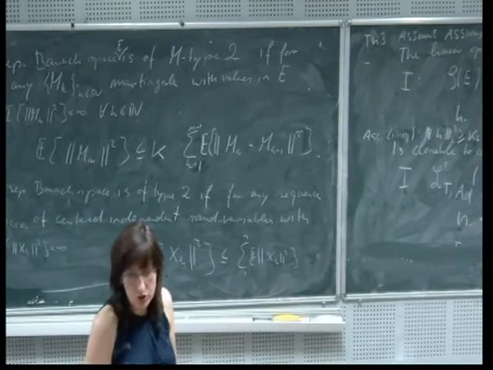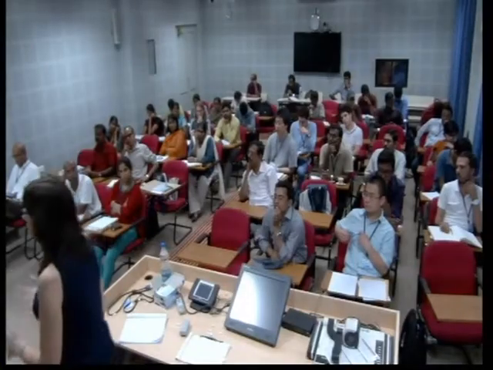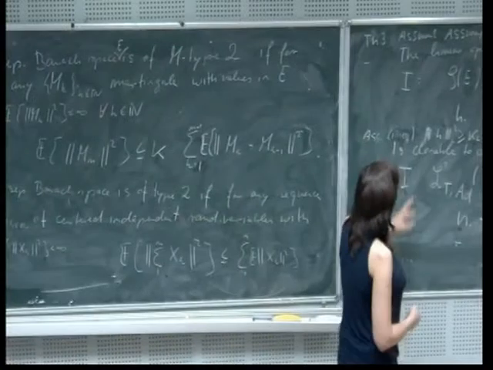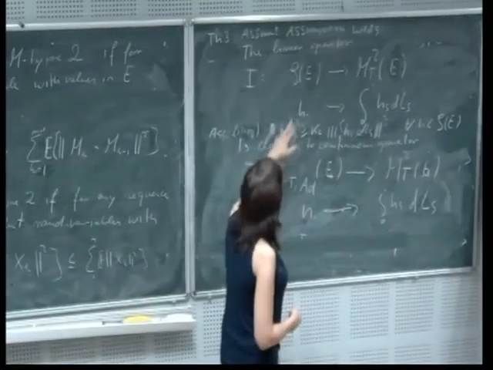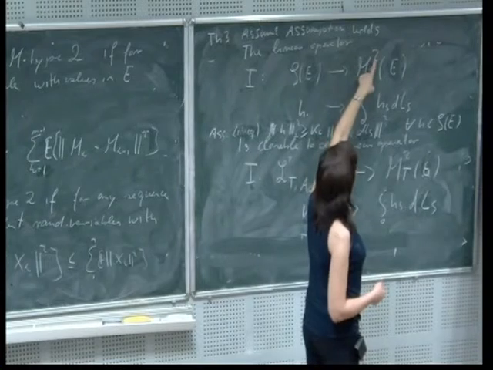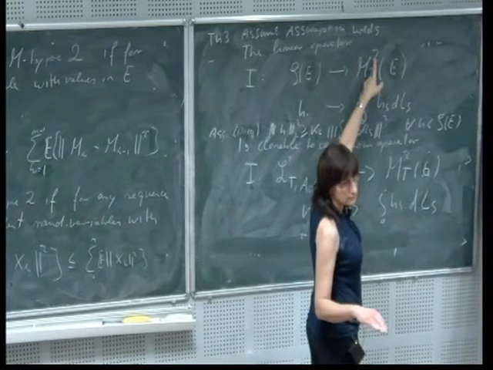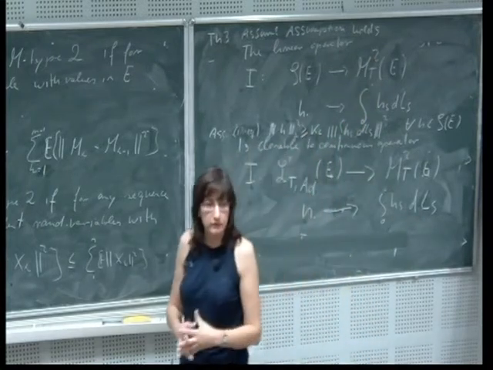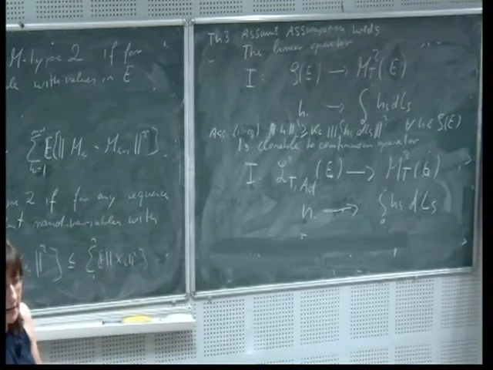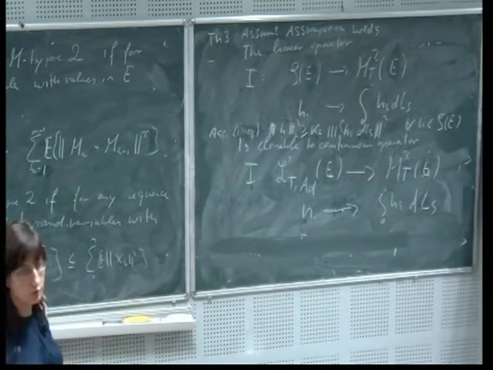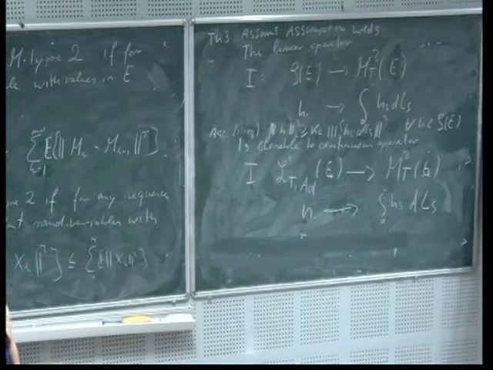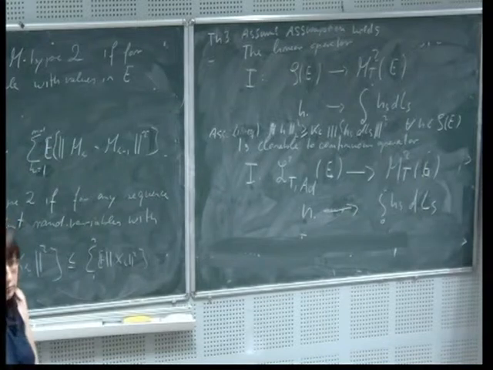Because if you have a pure jump Levy process, in fact, we could forget the whole theory we usually do, because instead of M type 2, we can take M type 1 and L1 theory, and this always holds. So the Ito integral, if you do it for pure jump Levy processes in L1, holds on any Banach space always. But we usually do it in L2 because we also have the Brownian motion. For this reason we do it in L2. But if you have only pure jump Levy processes, you don't need to do it in L2.